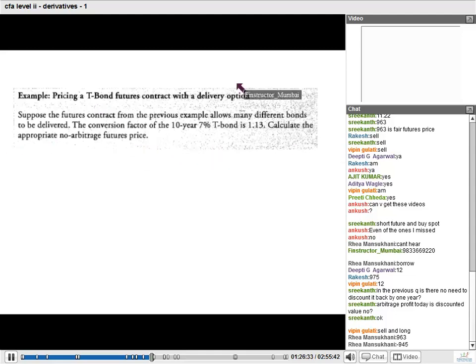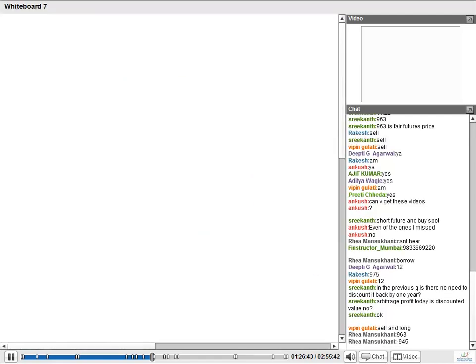Now let's understand a little bit about how the Treasury bond futures market works in the real world. Now let's say counterparty A and B enter into a futures.